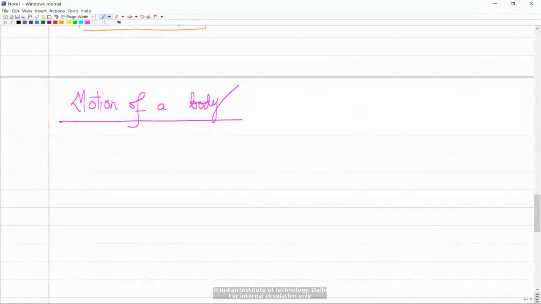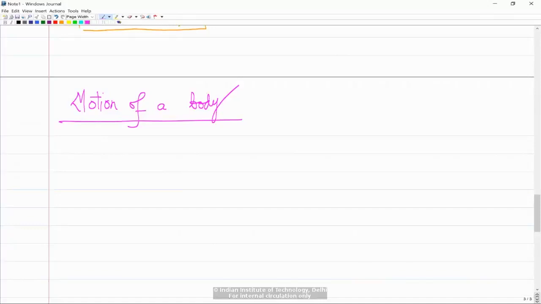Okay, so how can we mathematically describe motion of a body? One of you had already said to me that the configuration map can also depend on time. So that's the way to mathematically describe motion of a body, isn't it?